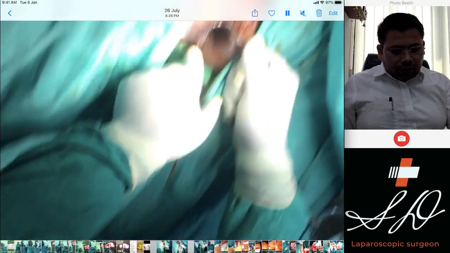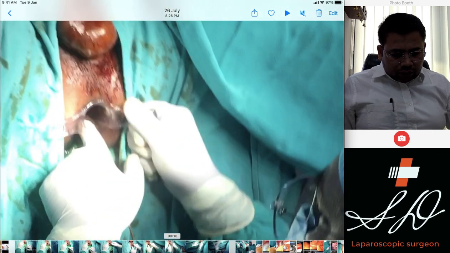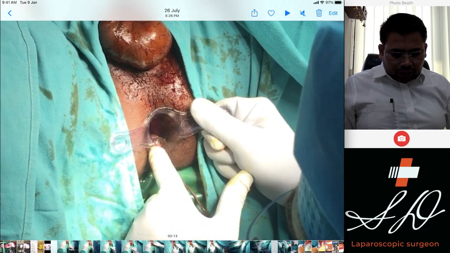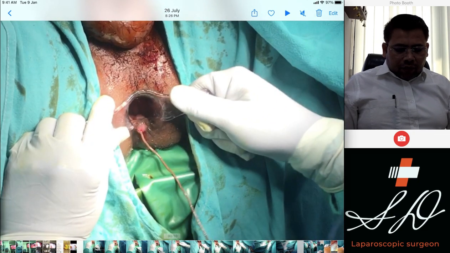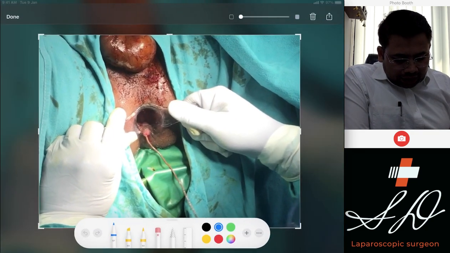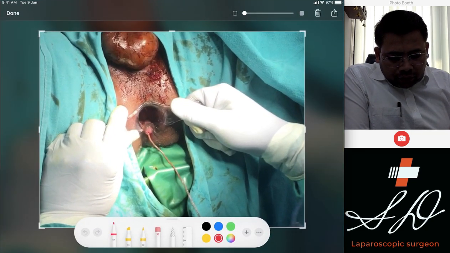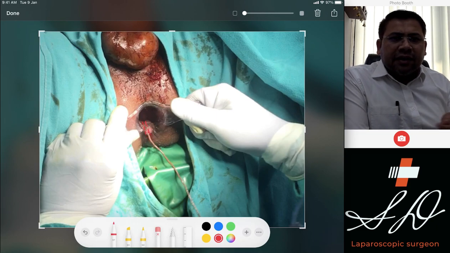I'll give you the principle of lay open fistulotomy also. What is the principle of lay open fistulotomy? In this case, you will just open up this fistula and then curette it.